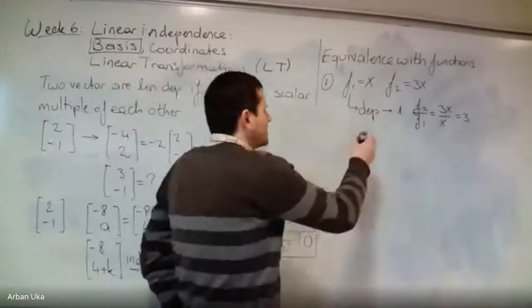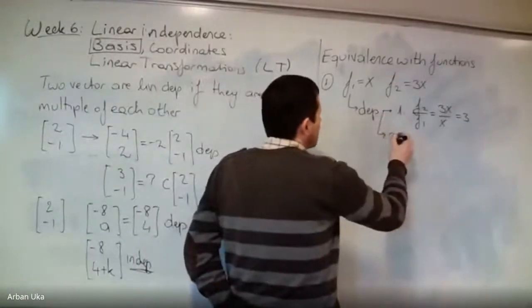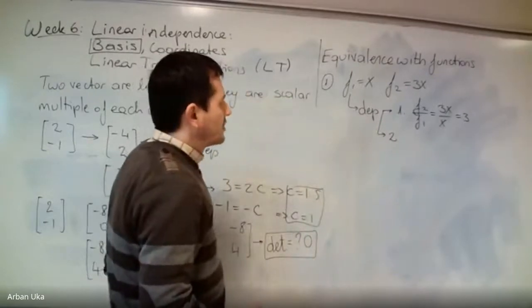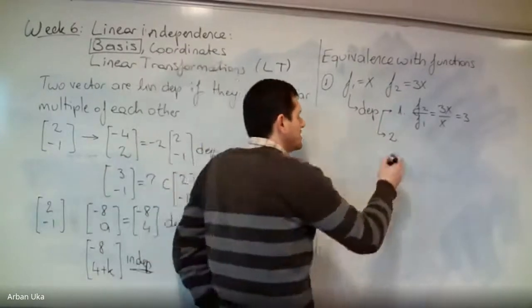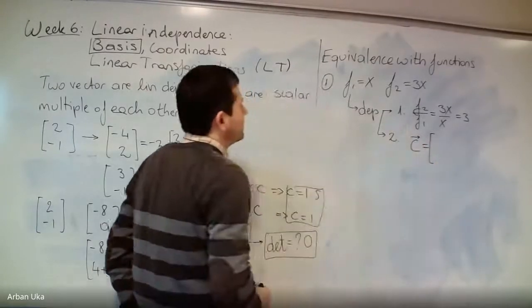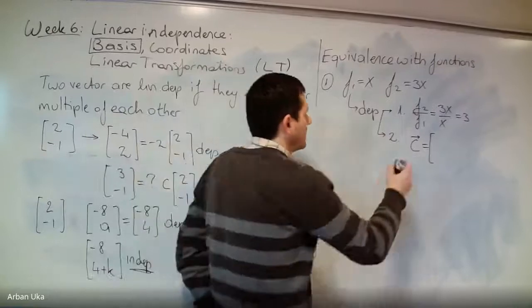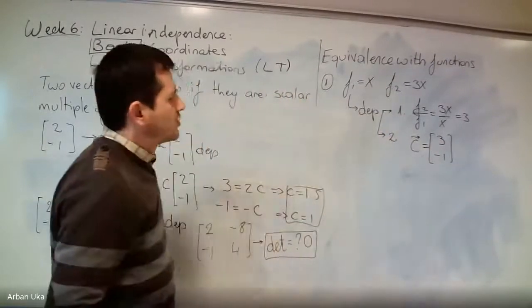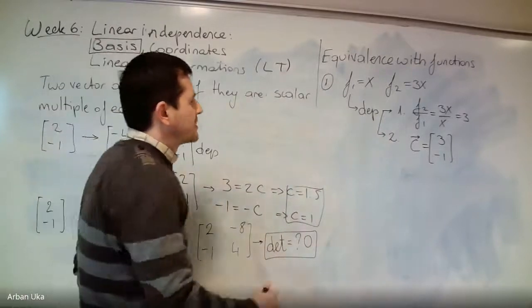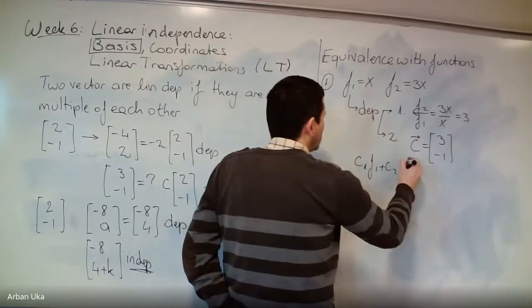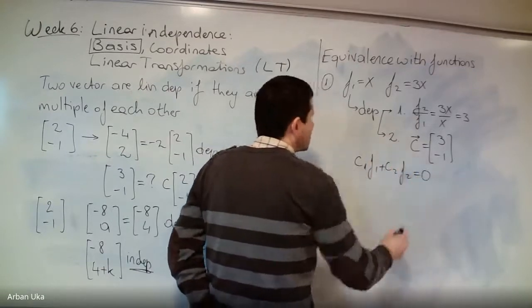And the second reason, which in principle is the same reason actually, is that we can construct a coefficient matrix C, which can be 3, minus 1. So the solution 3, minus 1 proves that c1 times f1 plus c2 times f2 is 0.